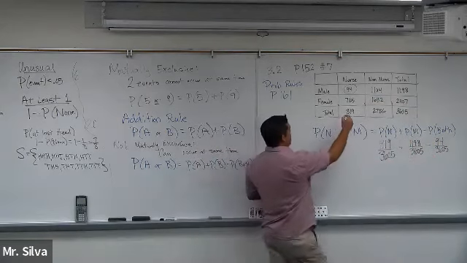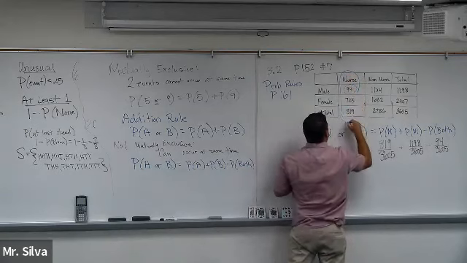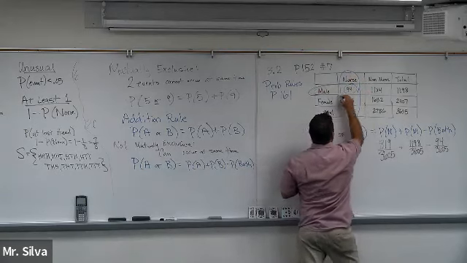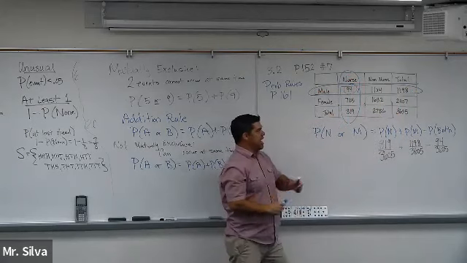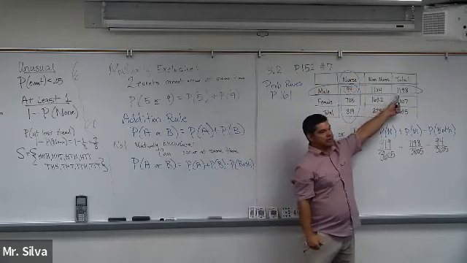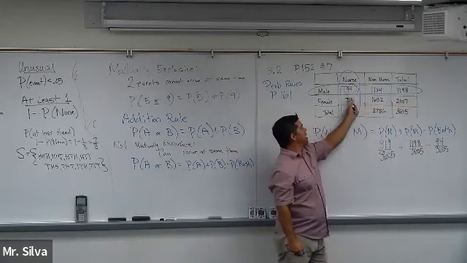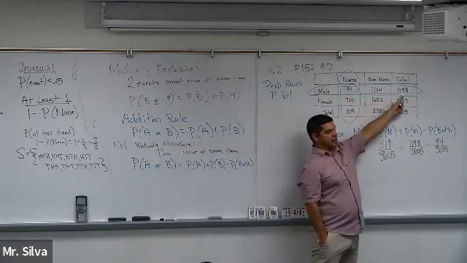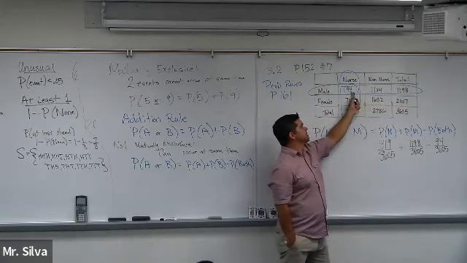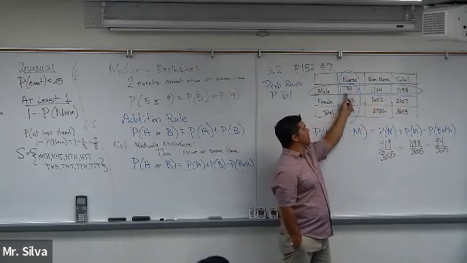Probability of being male or a nurse. Okay, it's right here. So if I just add 819 and 1198, I add these two together to get 819. I add these two together to get 1198. Well, I count this number twice.